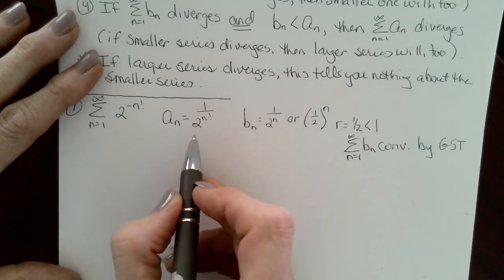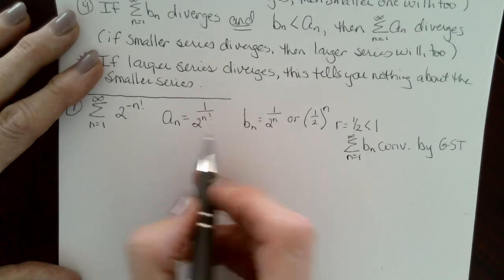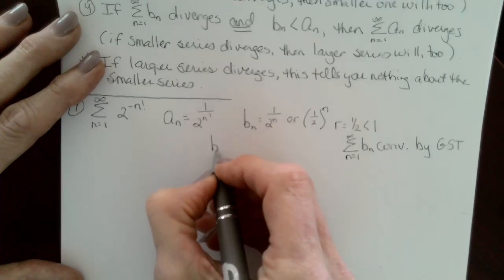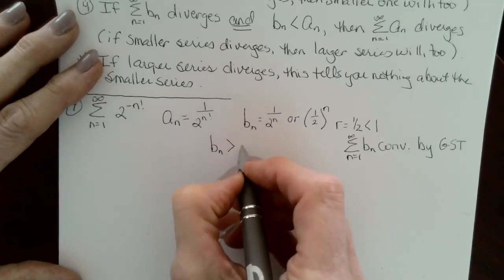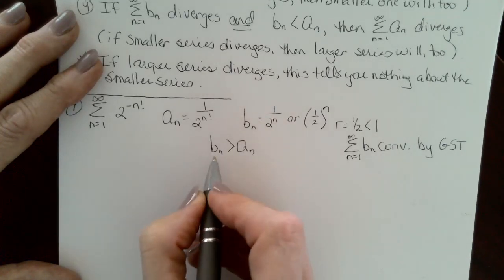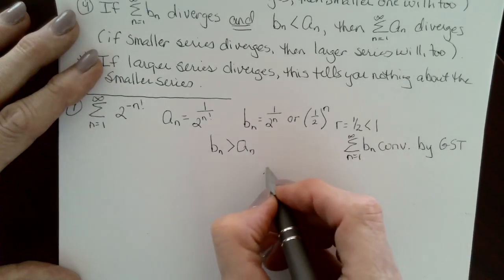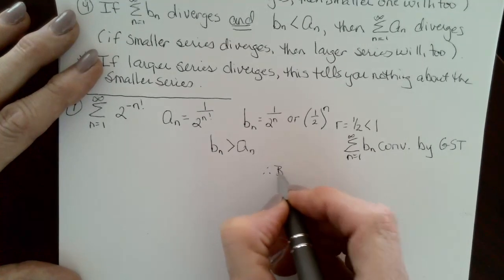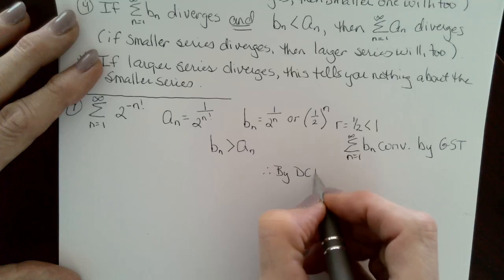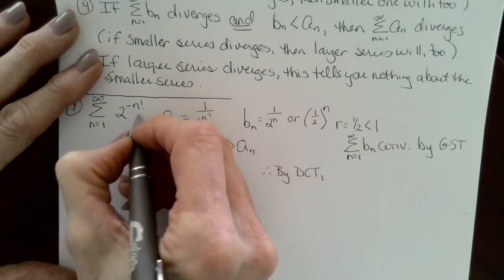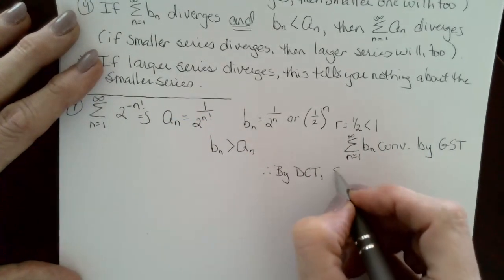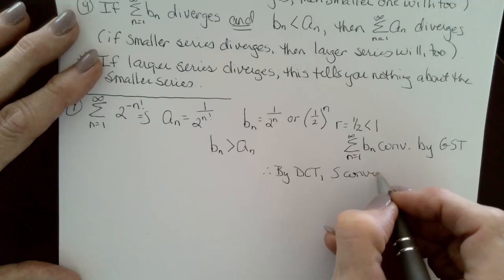Which one's bigger? B sub n. B sub n is bigger. I need to state that. B sub n is greater than A sub n, and B sub n converges. We just showed that here. So then I could say, therefore, by direct comparison test, I'm going to set this equal to S. S converges.